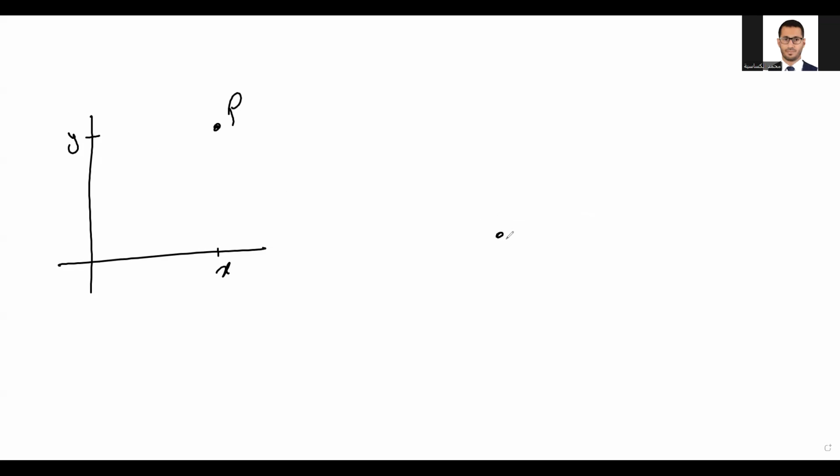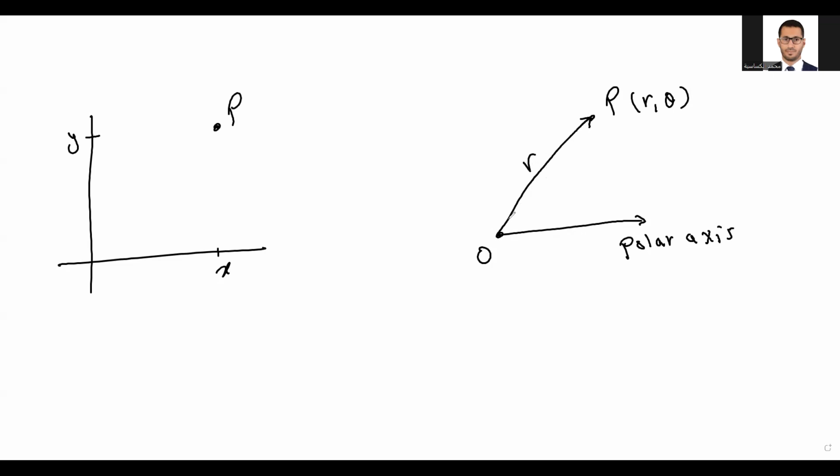Polar coordinates consist of the point O, which is the pole, and the horizontal half line emanating from the pole, which is called the polar axis. The point P in these coordinates has r and theta. R is the direct distance from O to P, and theta is the angle of inclination.